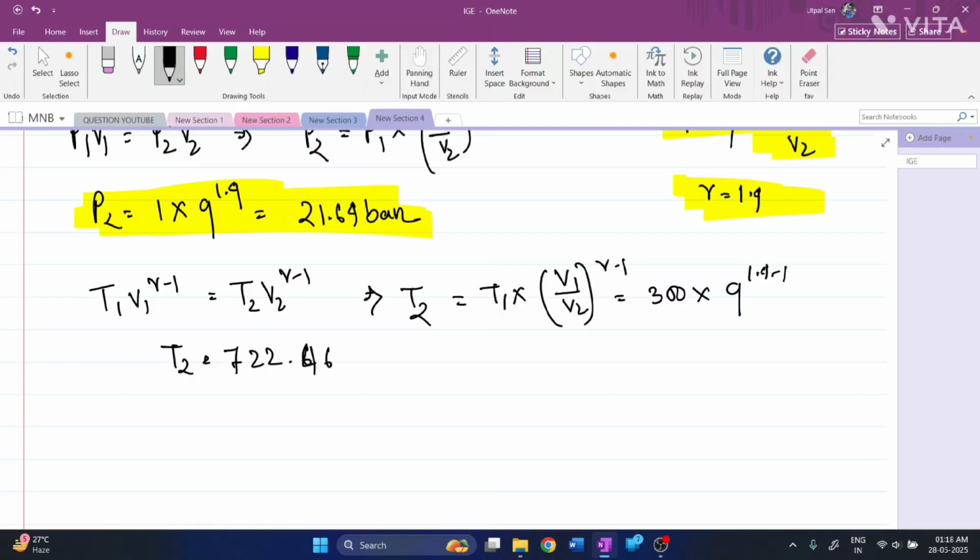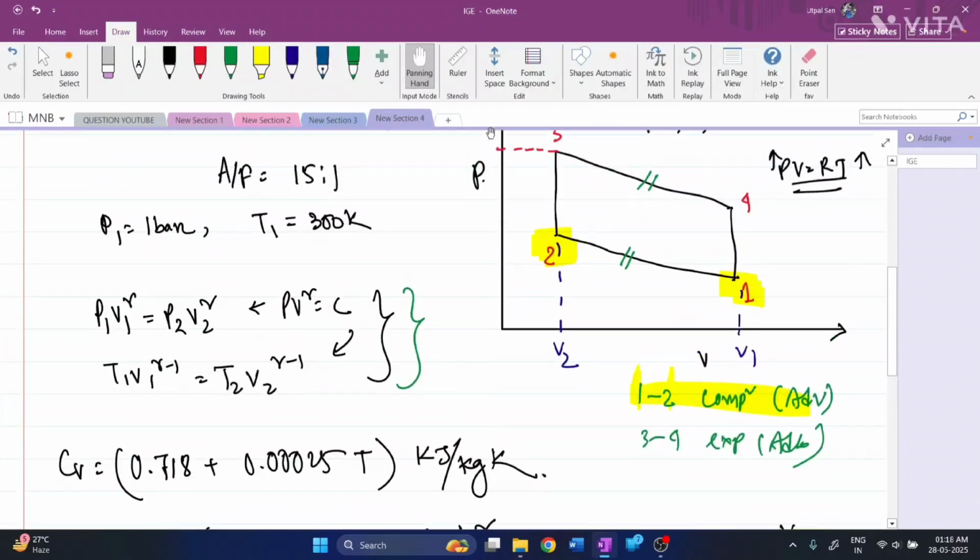I think 46 Kelvin. So this is the temperature at the end of compression, as point 2 indicates the end of compression in the Otto cycle diagram. As you can see, compression ends here. Then here constant volume heat addition takes place, as at constant volume V2 equals V3.